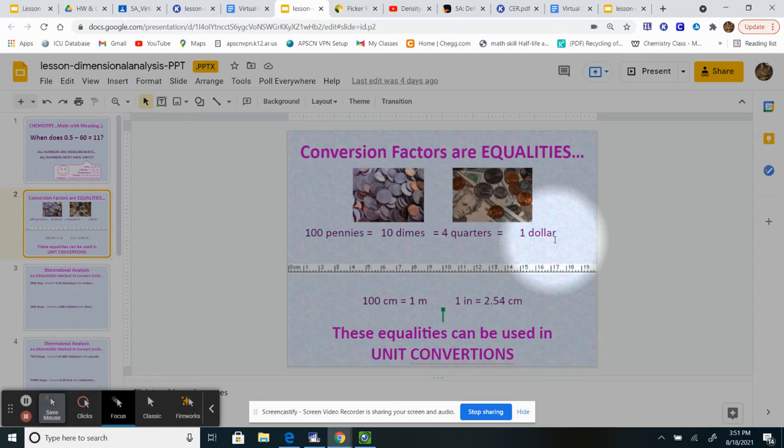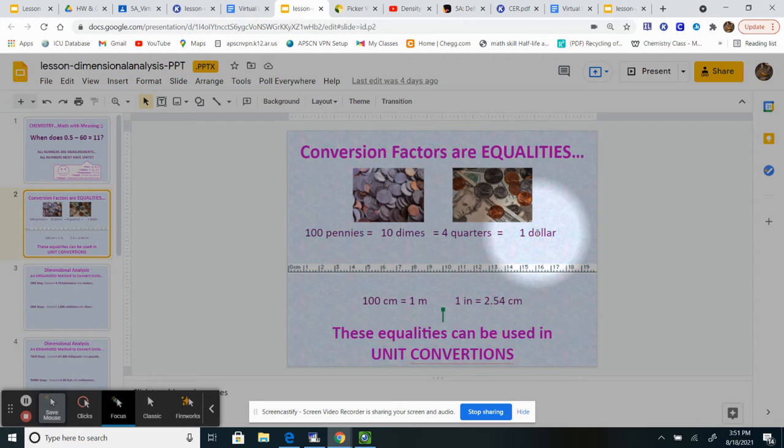Our most common form that we like, 4 quarters, is also equal to $1. Now, I'll be honest, I'd much rather carry around those 4 quarters than 100 pennies. But regardless, 100 pennies or 4 quarters, they both equal the same thing. They both equal $1.